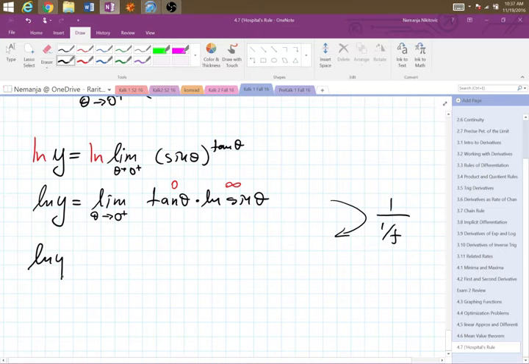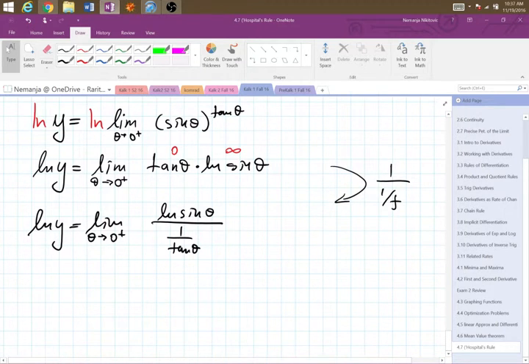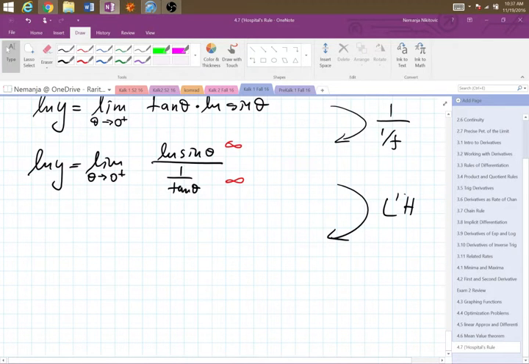So ln y is equal to the limit as theta goes to 0 plus, and then we can say ln sine theta divided by 1 over tangent theta. So now you have an infinity over infinity case, which means that you can apply L'Hopital's rule because you have an indeterminate form.